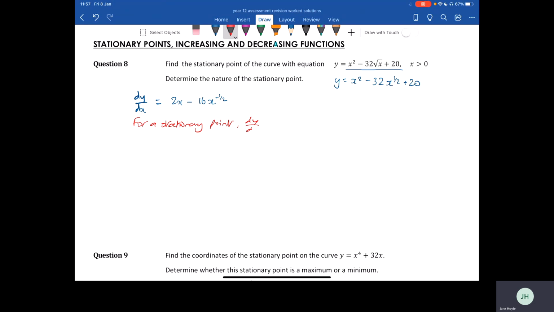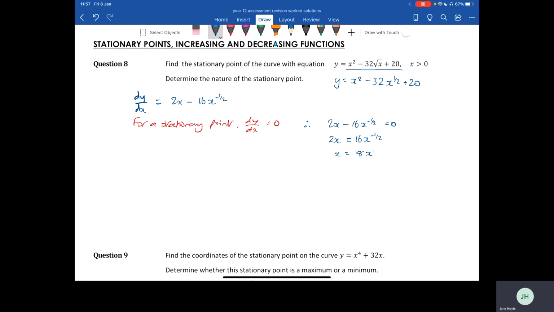So in particular, dy/dx is equal to 0. That means I've got 2x minus 16 x to the negative a half being equal to 0. So 2x, well, we could put that over on that side, and divide both sides by 2.